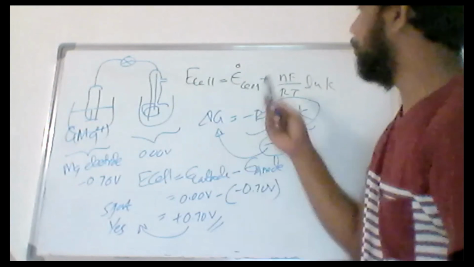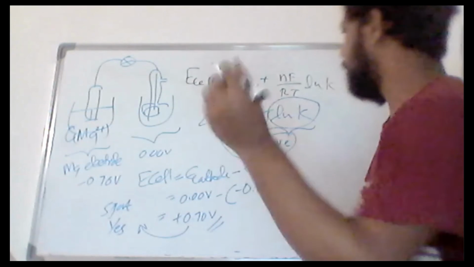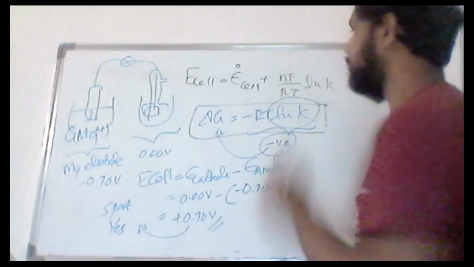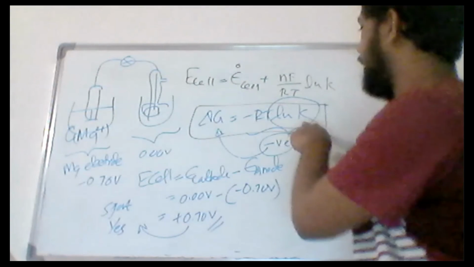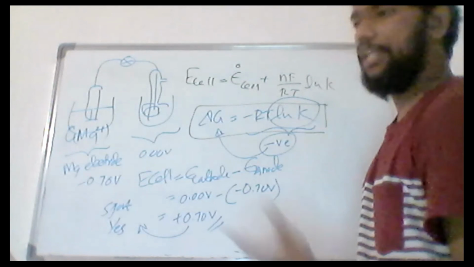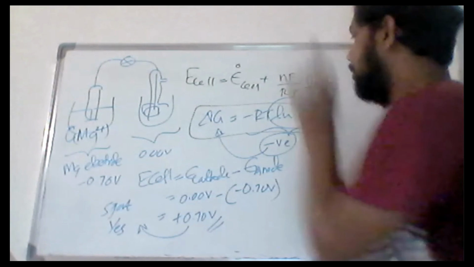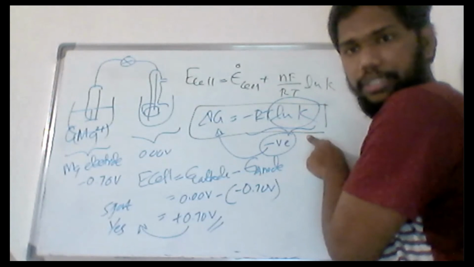But you don't need to remember these two equations, but at least try to remember this equation. Here ln K means natural log, or you can write 2.303 log K. Try to remember this equation, please.